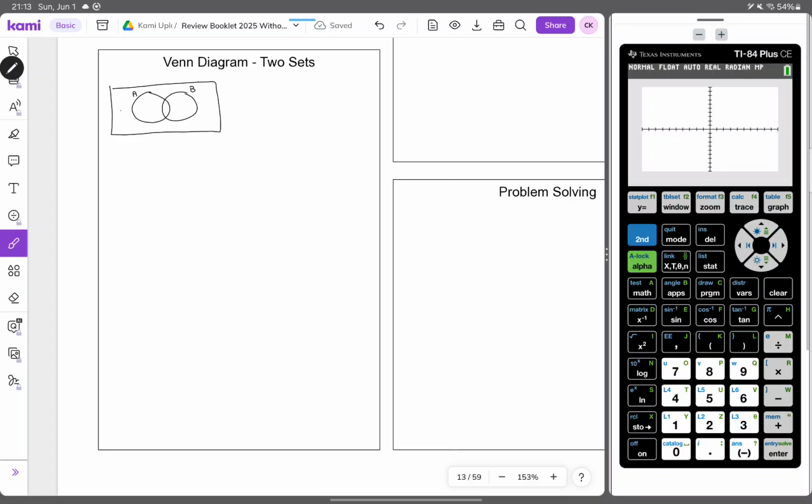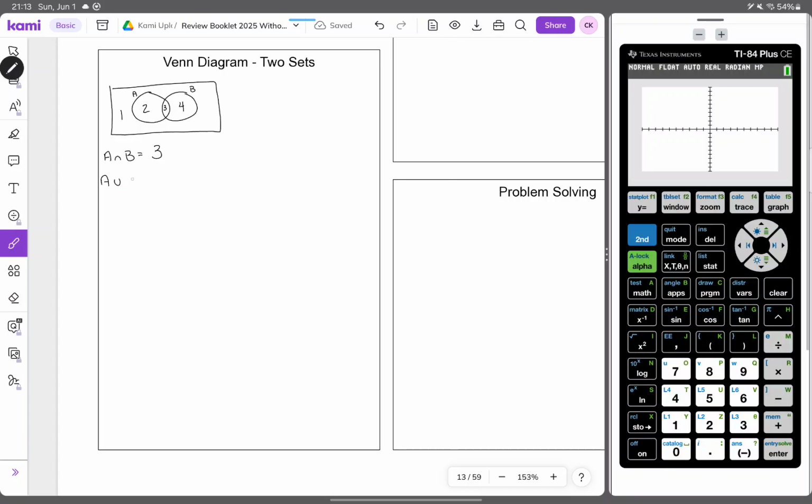And let's label these parts. This is going to be region 1, region 2, region 3, region 4. So if I wanted to find A intersect B, well, that's going to be region 3. So whatever is in this region 3, that's my intersection.